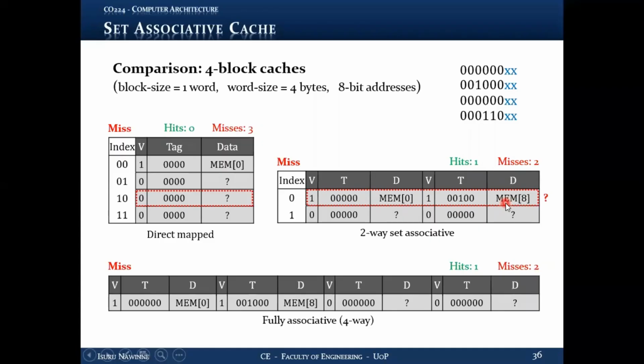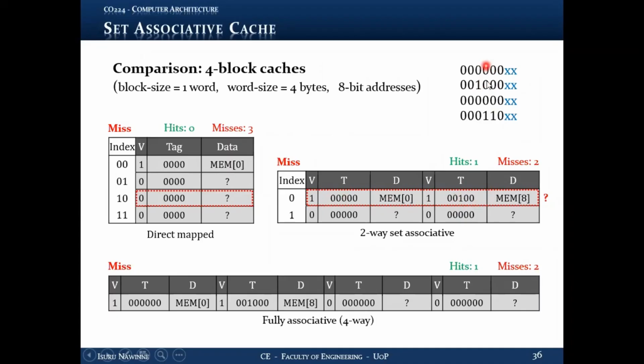Now the replacement policy comes into the picture because we have a miss and the entire set is full, right? That cache set is full at that index. So we have to replace one of the two blocks, and ideally the least recently used one has to be replaced. So we have tags 000 and 00100 here, right?